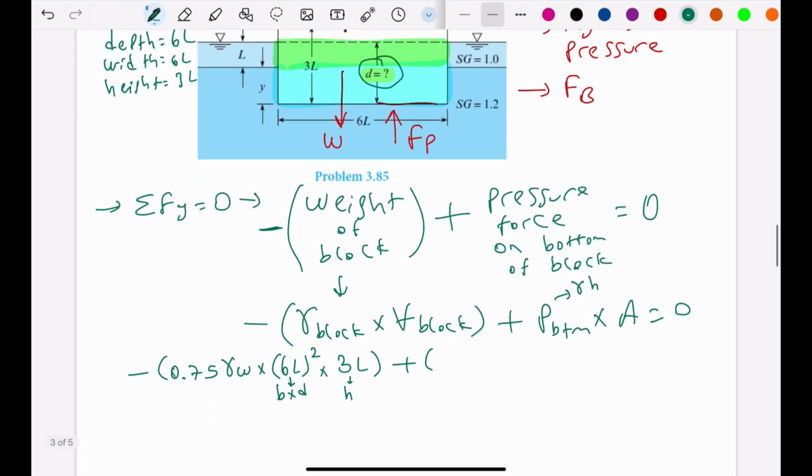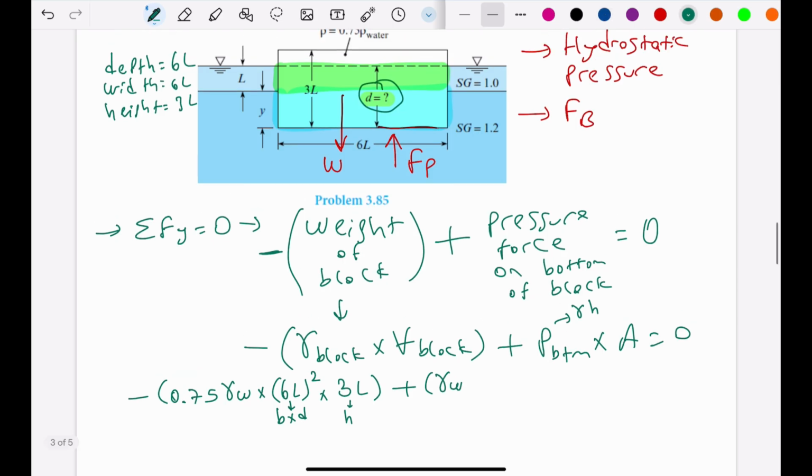So for the first part, let's write the equation. It is the specific weight of water times L. And the area is 6L times 6L.